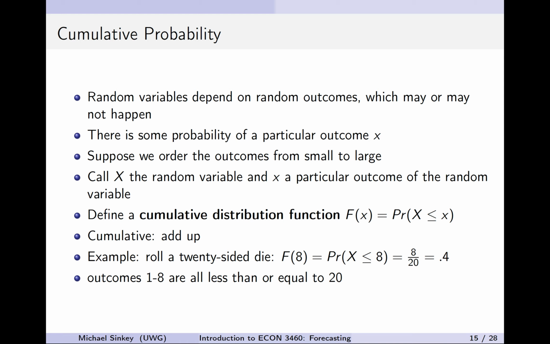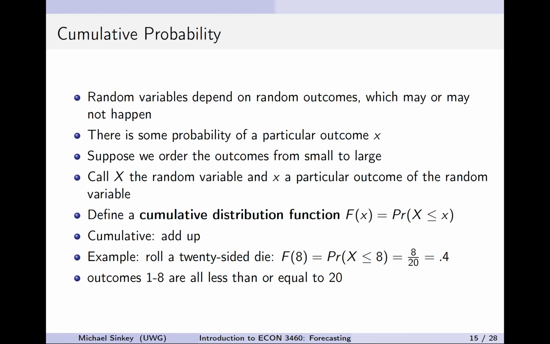Now let's take a look at an outcome of 13. There are 13 outcomes that are less than or equal to 13: 1, 2, 3, 4, 5, 6, 7, 8, 9, 10, 11, 12, and 13. The cumulative probability of getting something less than or equal to 13 is 13 out of 20, 65%.